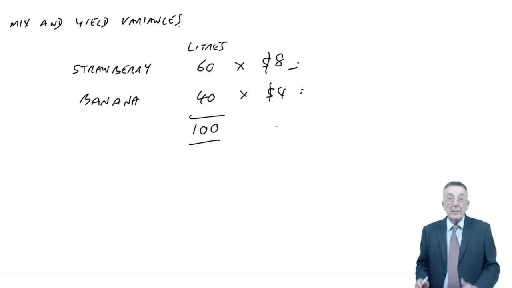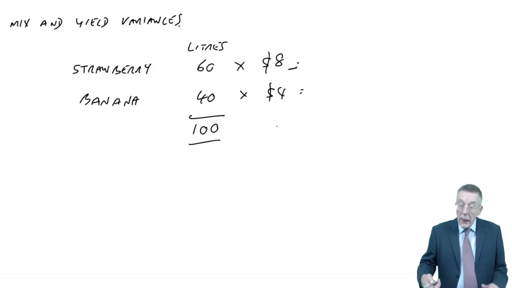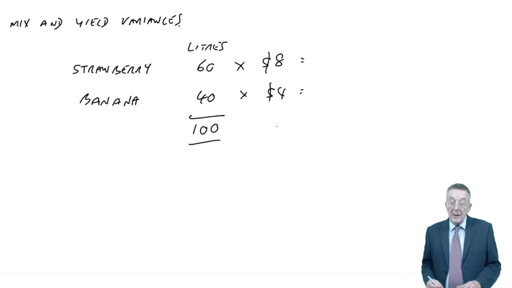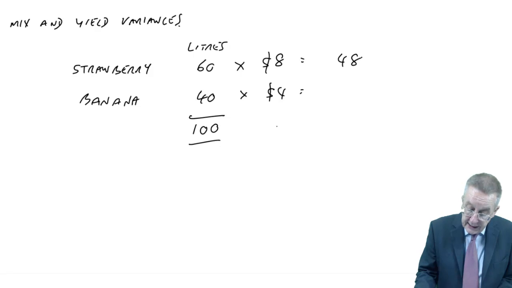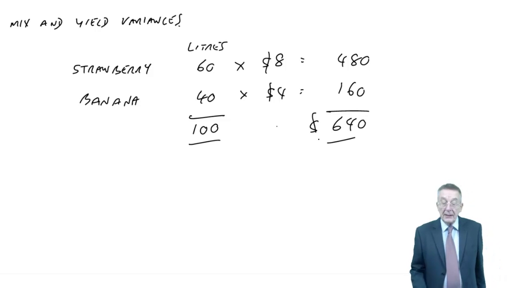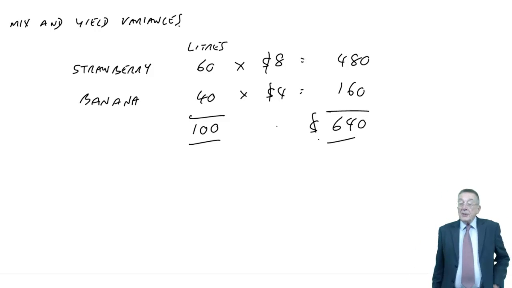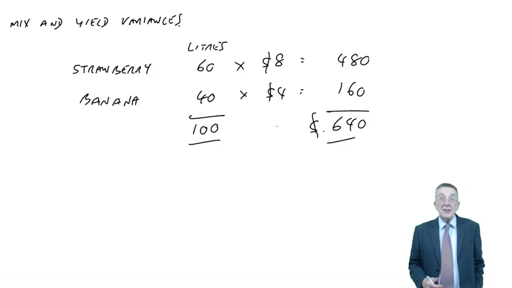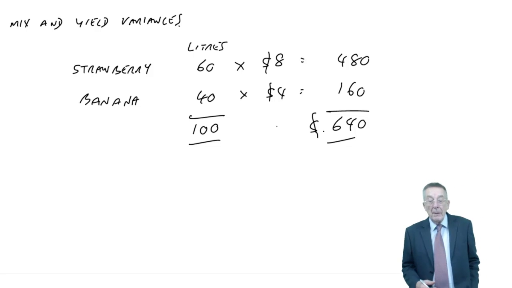I'm not going to do full numbers, I just want to explain the problem. So how much should every 100 litres cost me? Strawberry 60 at 8 is 480, banana 40 at 4 is 160, total 640. So it's a rather expensive fruit juice, but still. That's what should be happening. Every 100 litres I produce should cost 640.